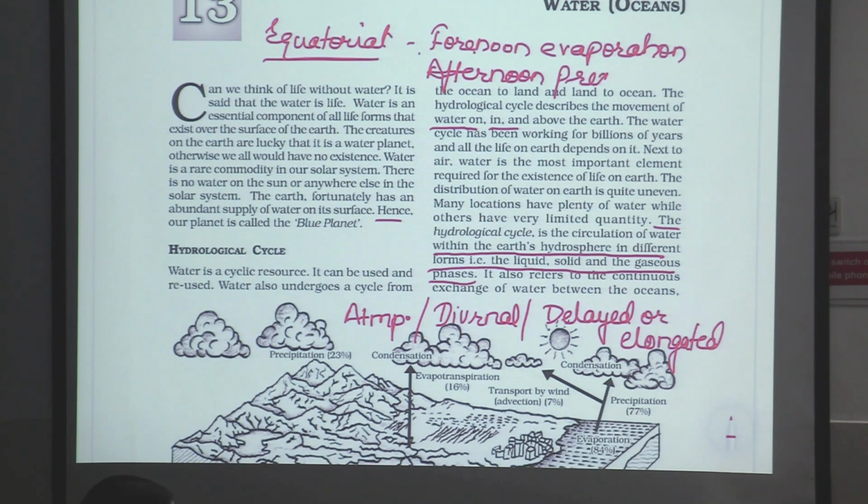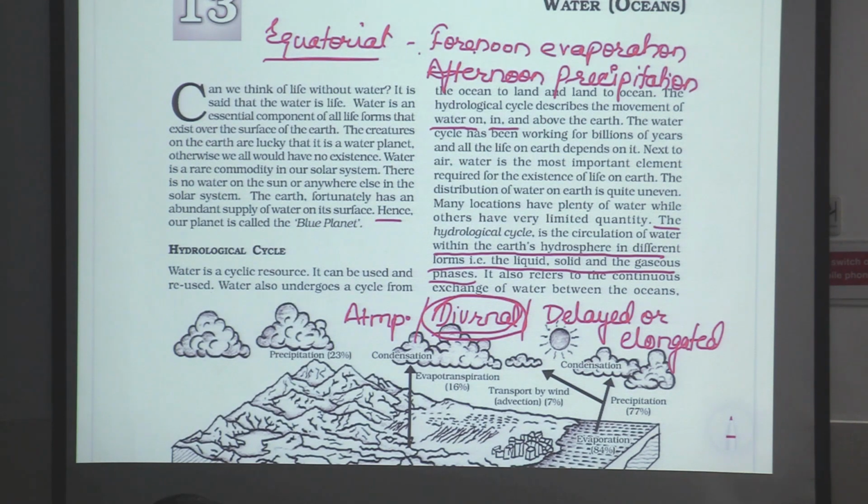The nutshell equation here is that what is getting evaporated and is moving to the realm of our environment called atmosphere is returned back the same day. So, equatorial climate essentially relates to what is called daily or diurnal hydrological cycle, where water vapor is returned back to the source in the form of precipitation the same very day.